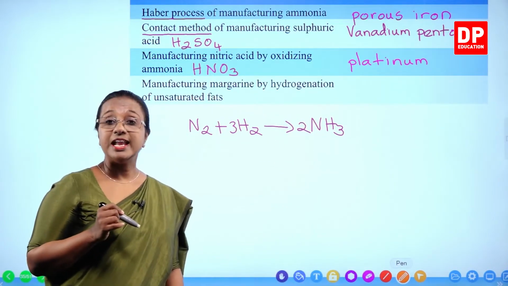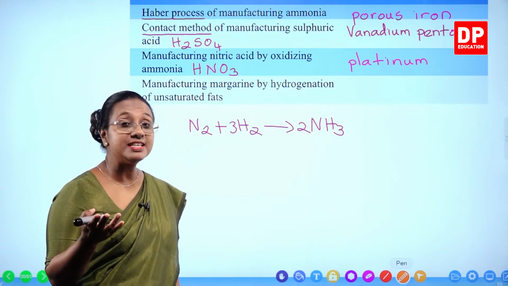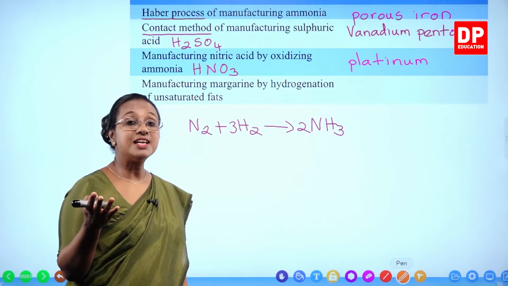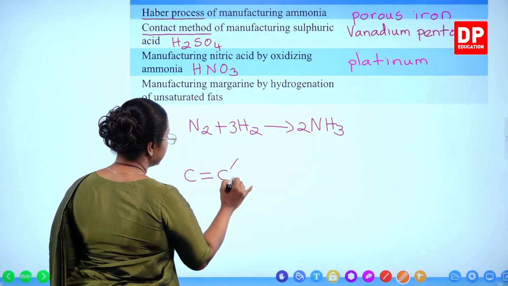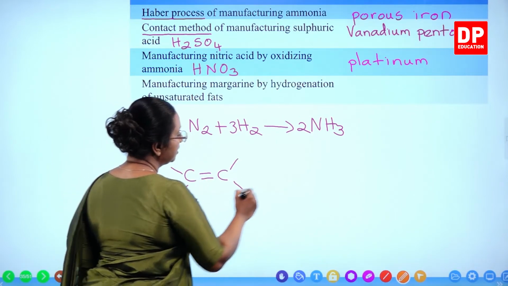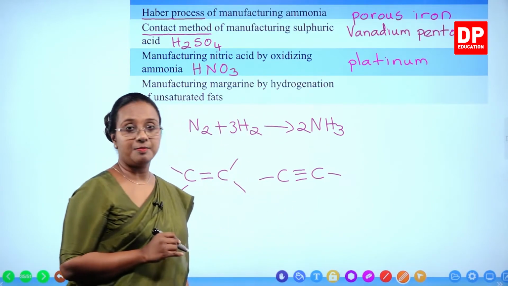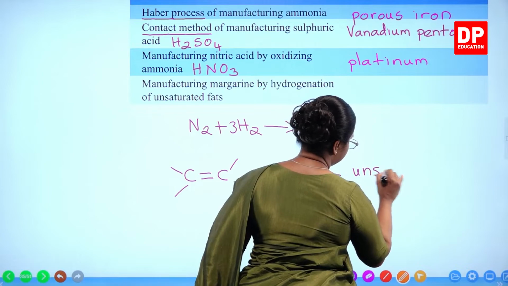If we take organic compounds, the fats and lipids, there are fatty acids, saturated and unsaturated. When we say unsaturated, there can be either double bonds between carbons or triple bonds between carbons. These are unsaturated substances.